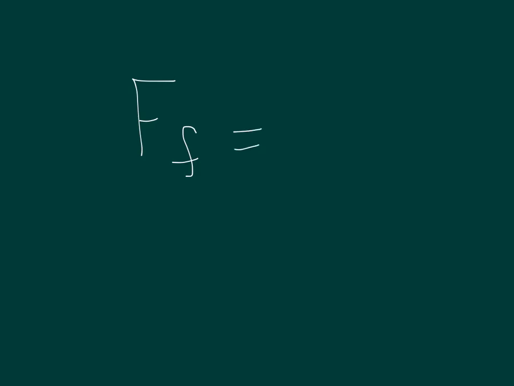Mu and the normal force. Good. And that's where the formula comes from. The force of friction equals mu Fn. So if I have more rough surfaces, I have more friction. Again, if the surfaces are very rough, I've got a lot of friction. So that's the mu property.